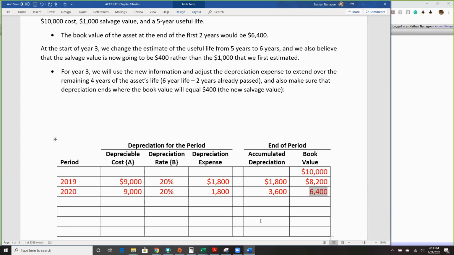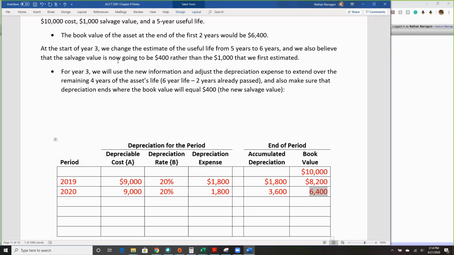Now, at the start of this year 3, management has changed it, or basically the estimate has changed from useful life of being 5 years to 6 years. So we've added on an extra year. They also believe salvage value is going to be $400 rather than $1,000. Okay, so they've changed 2 items in our formula.